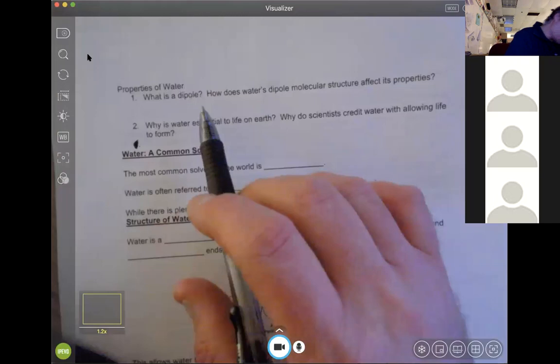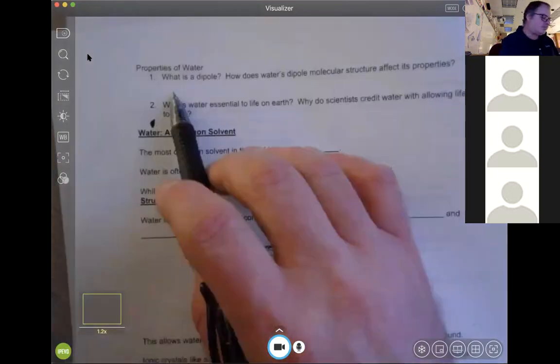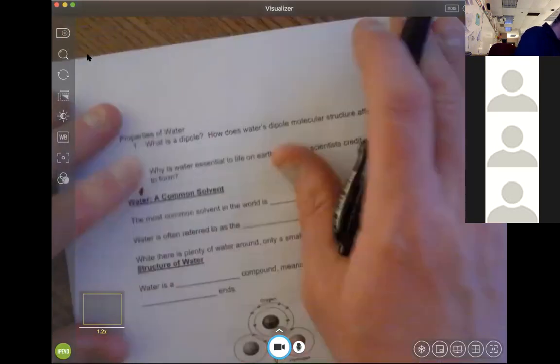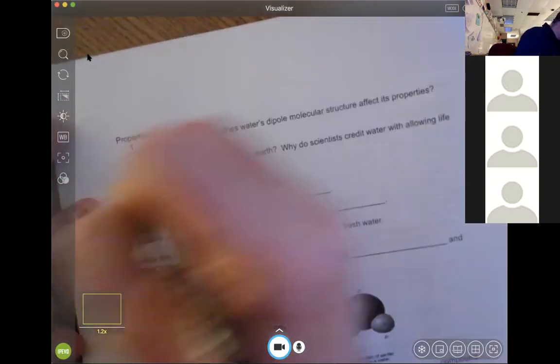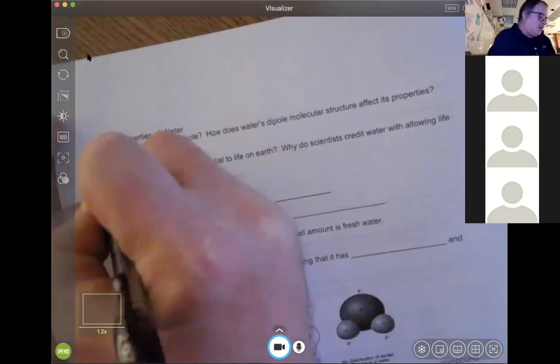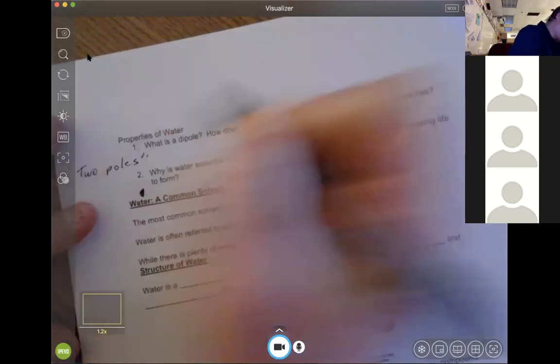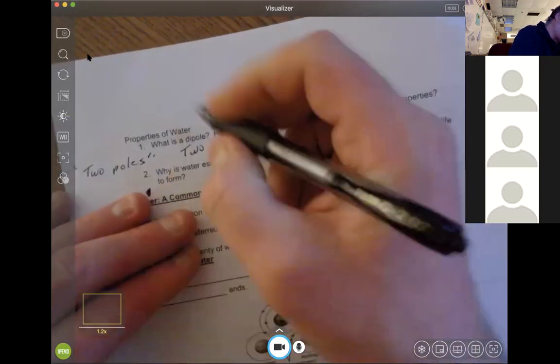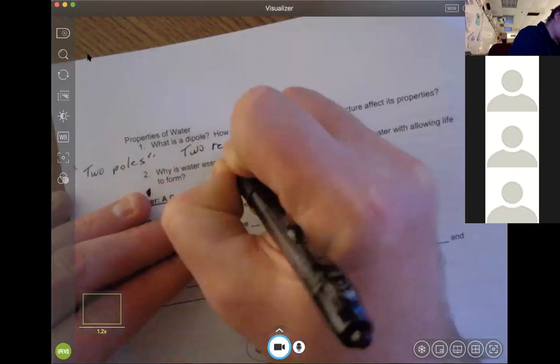All right. So if we take a look, what is a dipole? So what does di mean? Two. So dipole basically means two poles. And what does that mean? Well, it means two regions of charge.